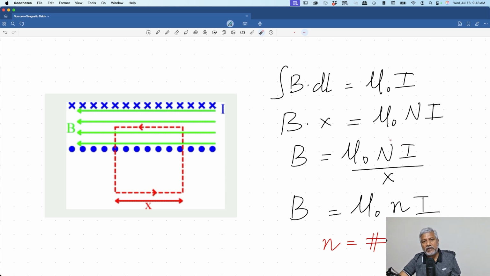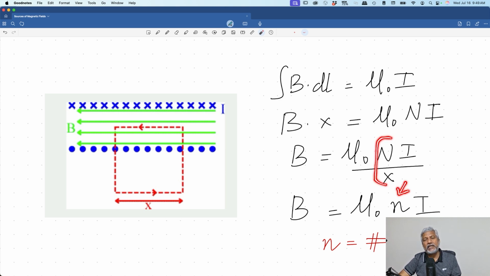And because n depends on x, we like to take them as 1. And this is the number of turns divided by the length, which would be the number of turns in 1 meter. Now, this is one of the big mistakes that students make. We're going to replace this with little n.